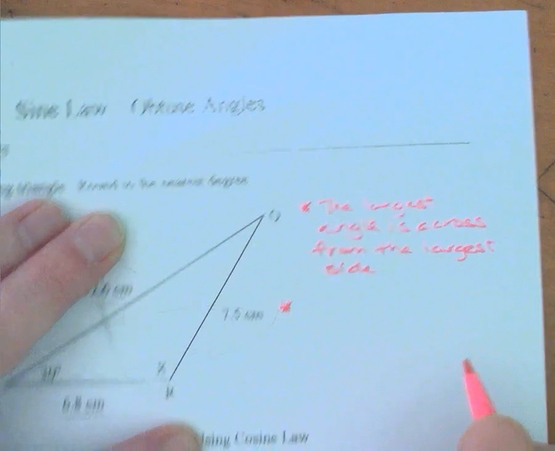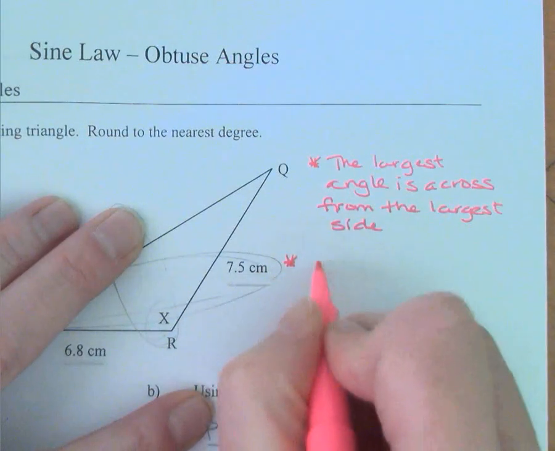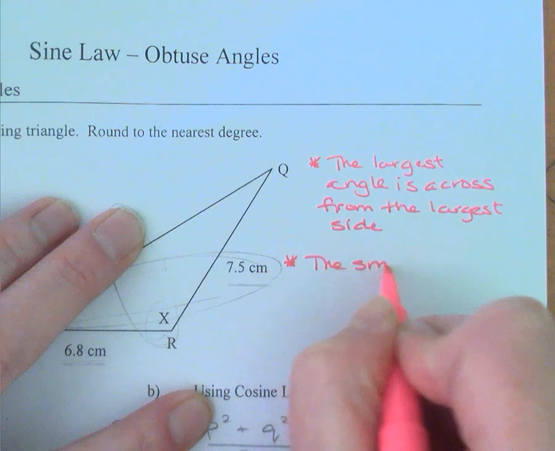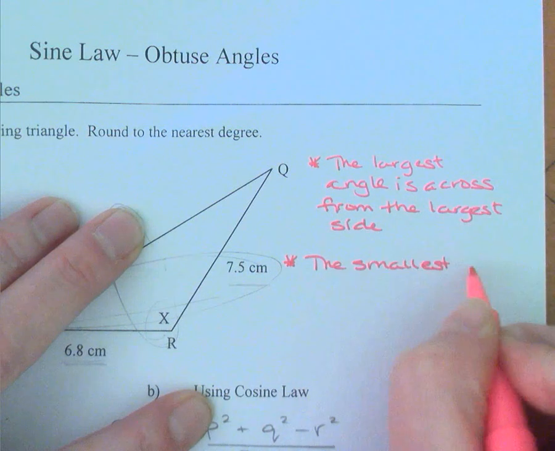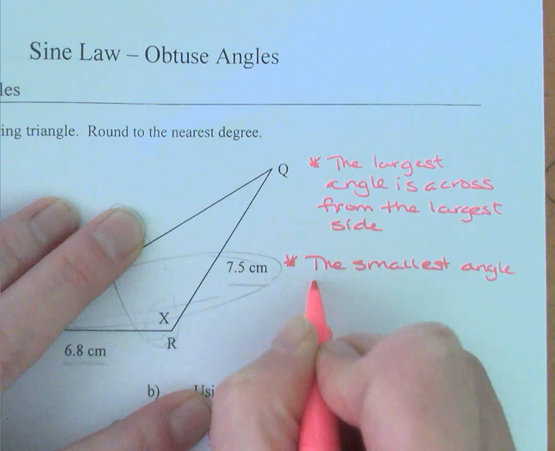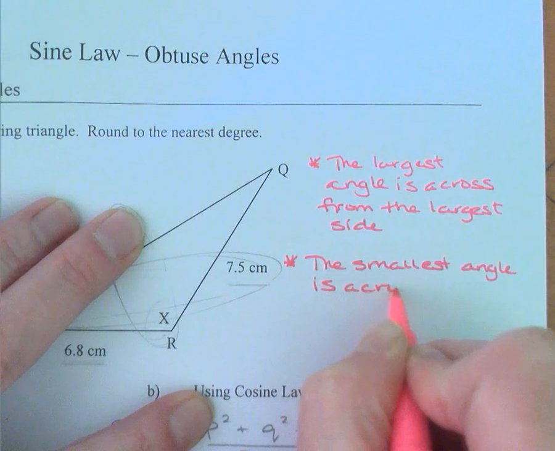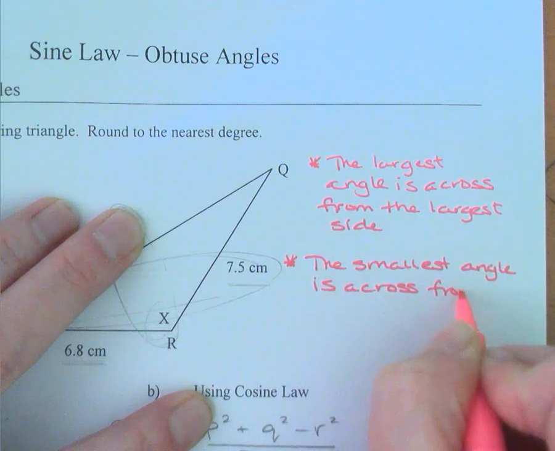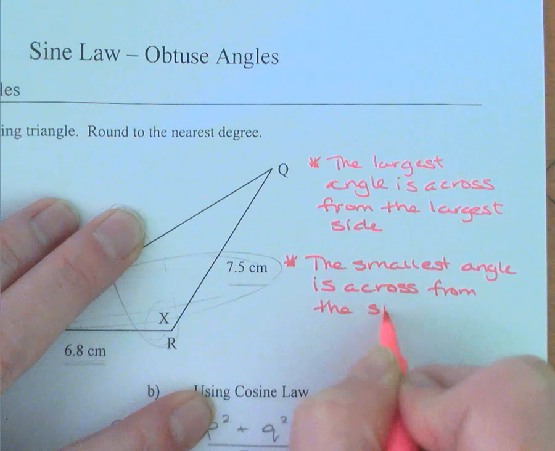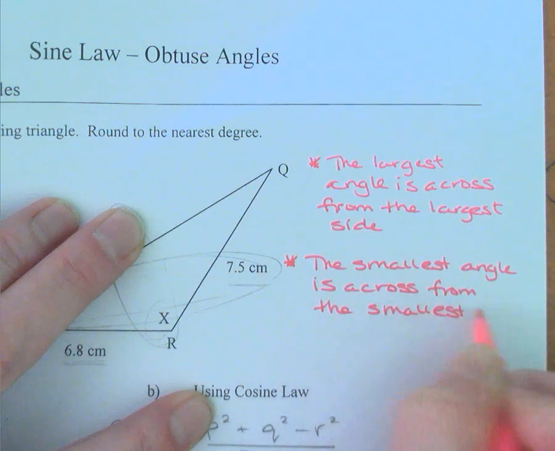Which also then means that the smallest angle is across from the smallest side.